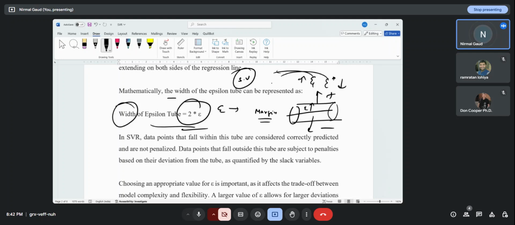If your slack variables are identified, then it is understood that till here your epsilon tube is present.